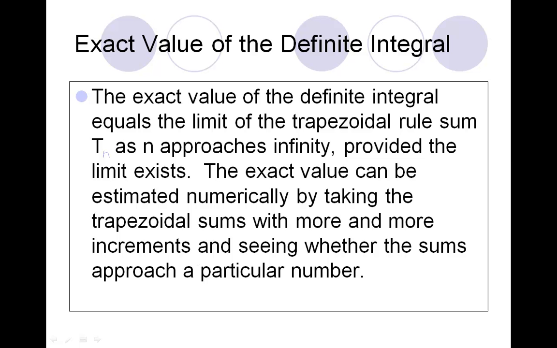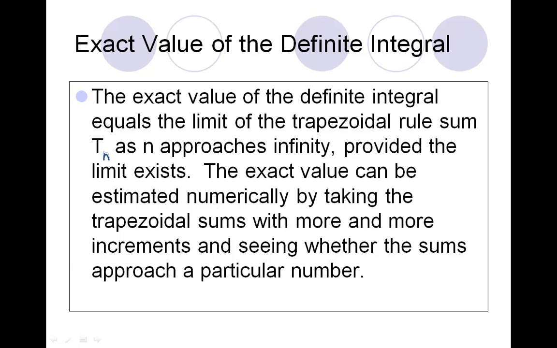So we've written the trapezoid rule found on page 20, and here is a definition for our definite integral using the trapezoid rule. The exact value of the definite integral equals the limit of the trapezoidal rule sum, T sub n, as n approaches infinity, provided the limit exists.